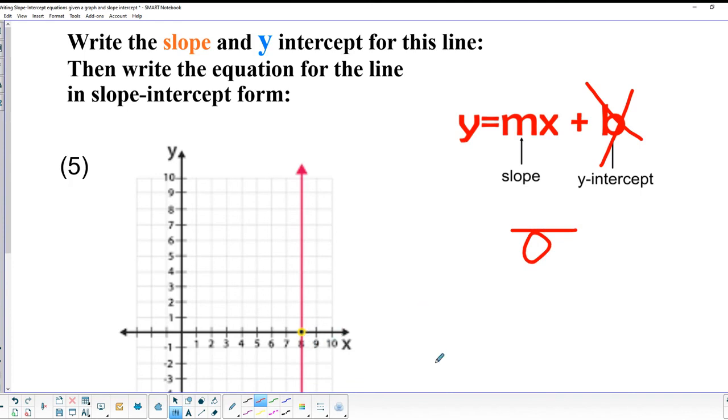So the way we illustrate this situation is we just say, where does this cross the x-axis? And it crosses at 8. So at x equals 8, this is where it crosses the x-axis. And every other point along this line also has an x value of 8, and some other y value like (8, 1), (8, 2), (8, 3), and so on and so forth. So that's how you would do one that goes straight up and down.